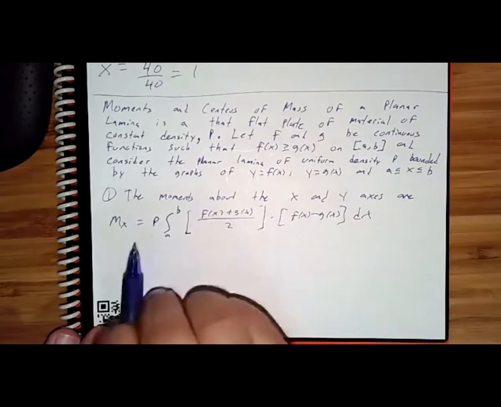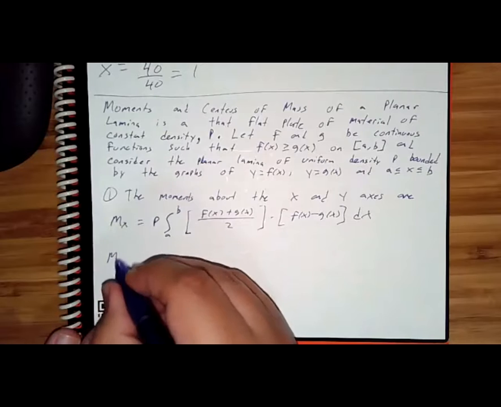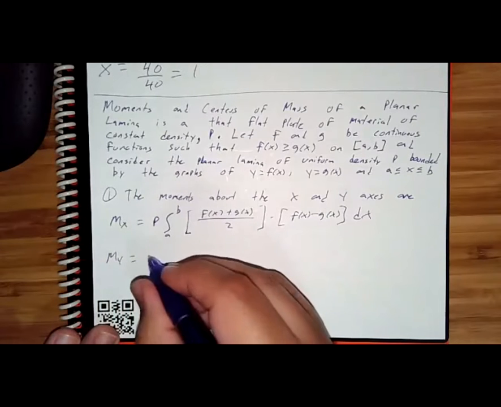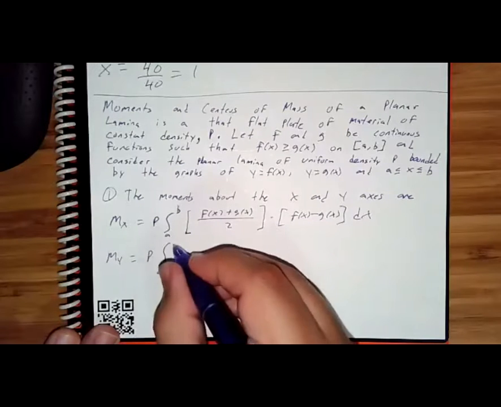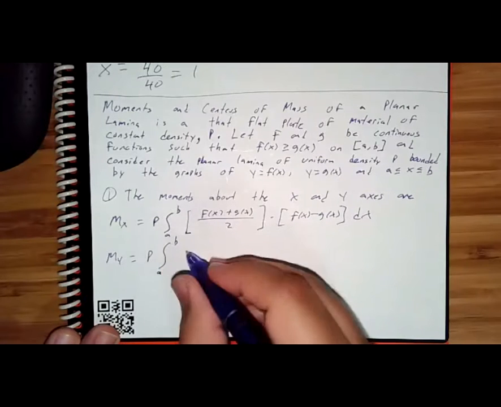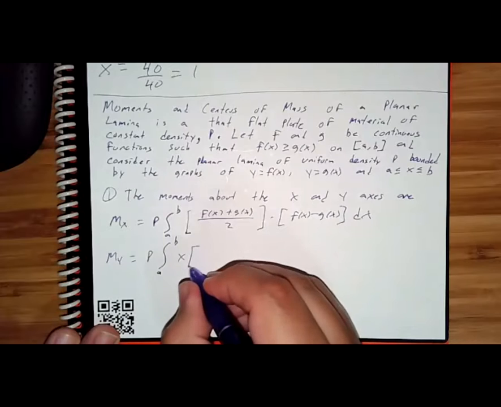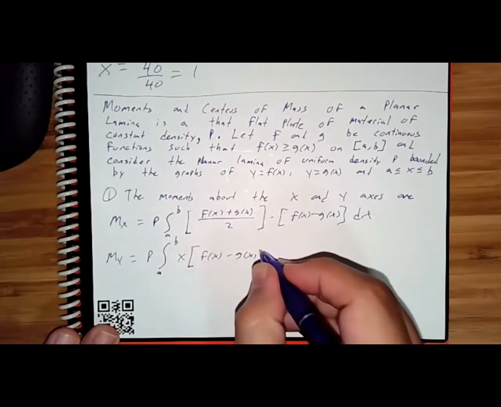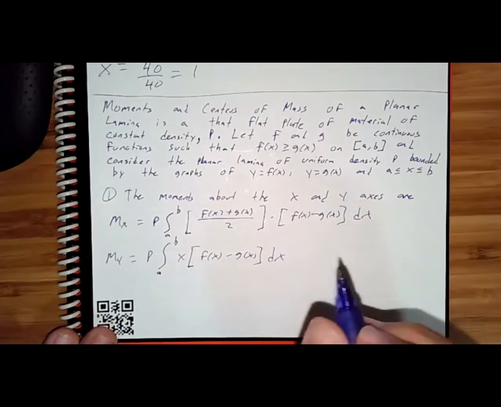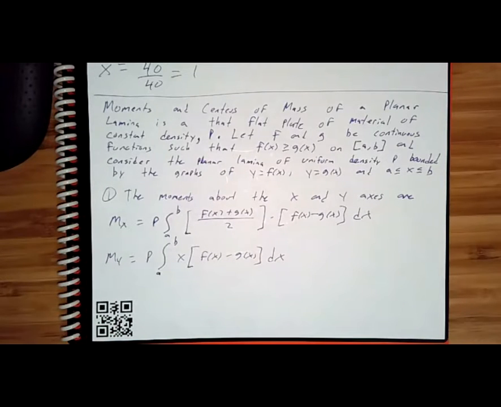So the moment about the x is going to be this guy. The moment about the y is going to be this, rho times the integral of x times (f of x minus g of x). That's number one. So that gives me the moments.